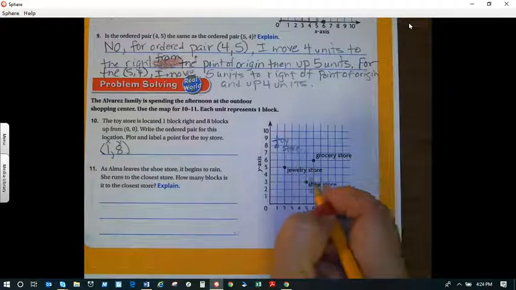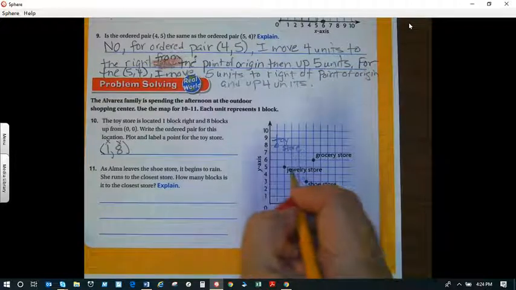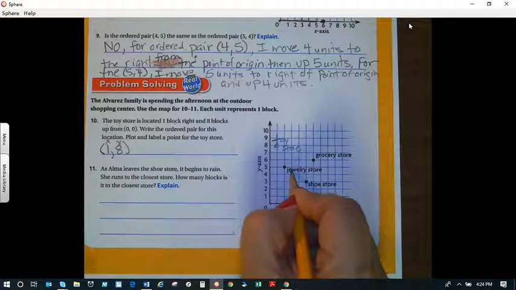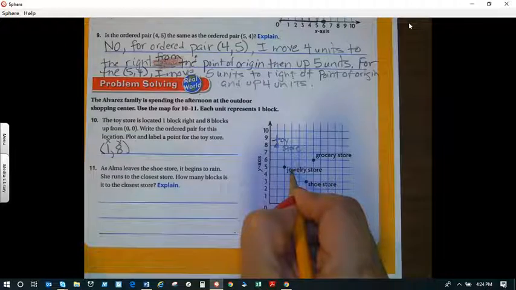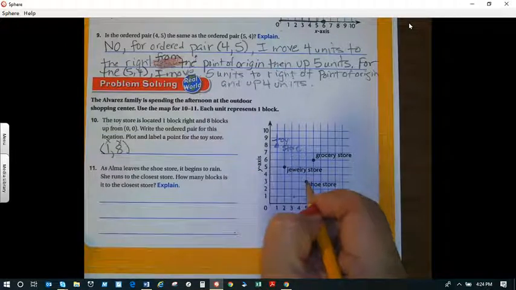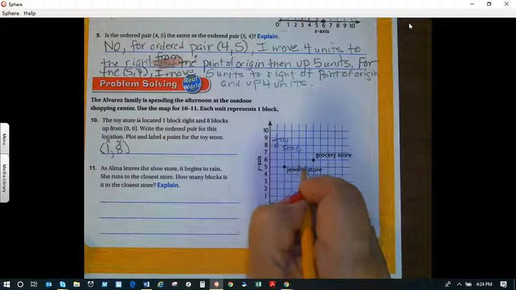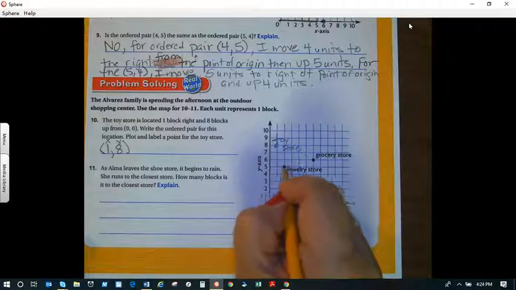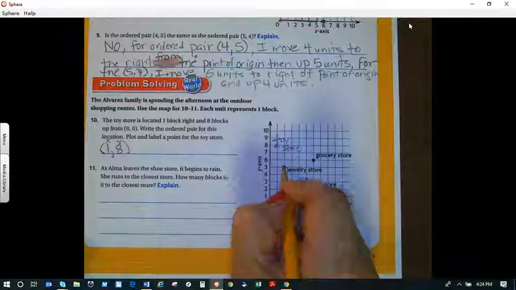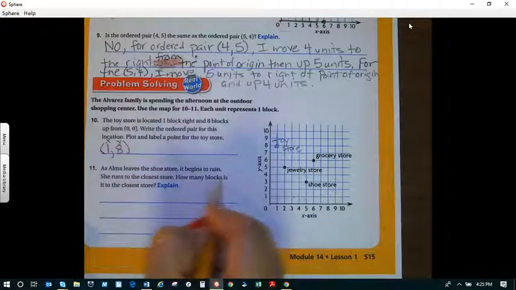So she runs to the jewelry store. She's going to run 5 blocks. So she's going to run up 1, 2, and 1, 2, 3 to meet the jewelry store. So how many blocks is the closest store?